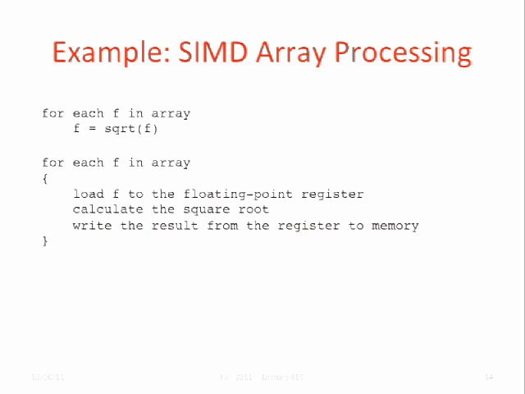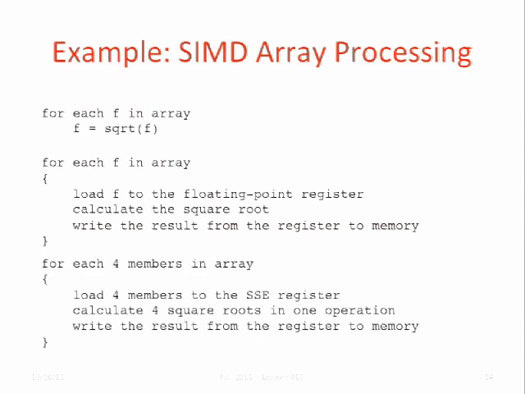So if you're just counting instructions, this is 3 instructions times the number of elements in the array. This is 3 instructions times the number of elements in the array divided by 4. So ignoring sequential parts of that processing, it's going to run in 25% of the amount of time it took you the old way. And if you're sitting there playing Doom or whatever you guys play these days, that matters, right?